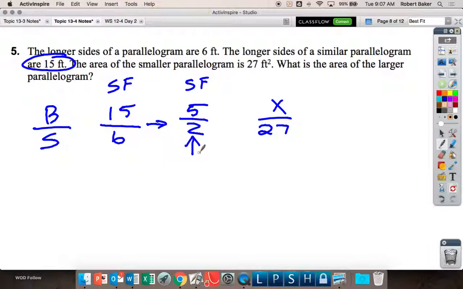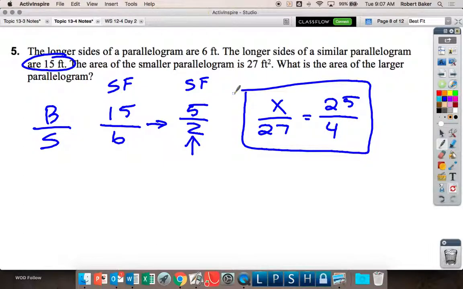Now I have to manipulate that proportion. I have to square it. So 5 squared is 25, and 2 squared is 4. So this is the proportion I'm going to use to solve for the area of the bigger parallelogram. 25 times 27, 675. X times 4.